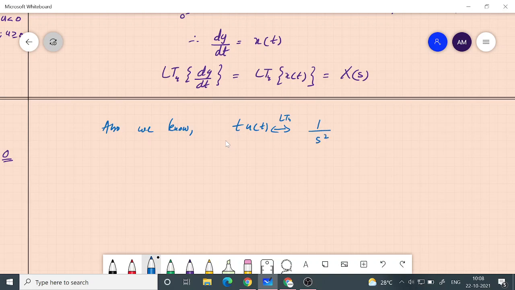This we have earlier derived in one of the earlier classes. So this is our x of t, and this is our X(s).